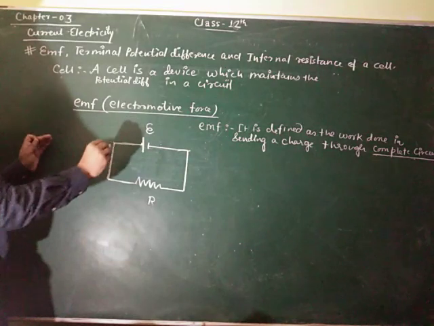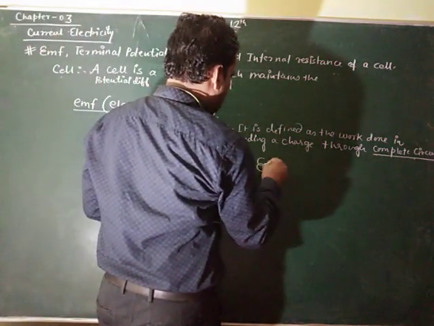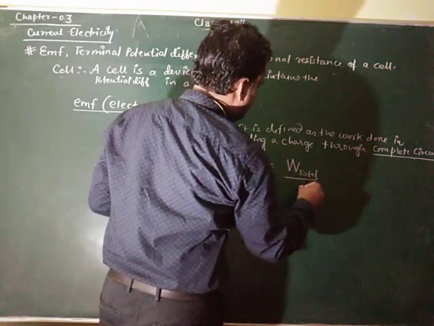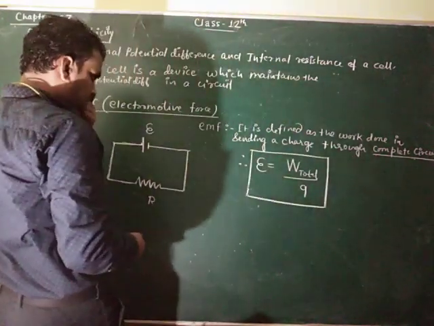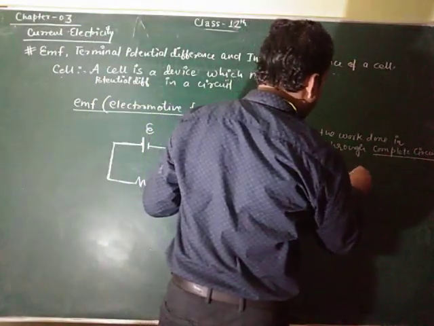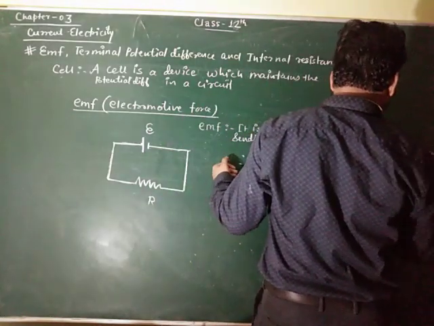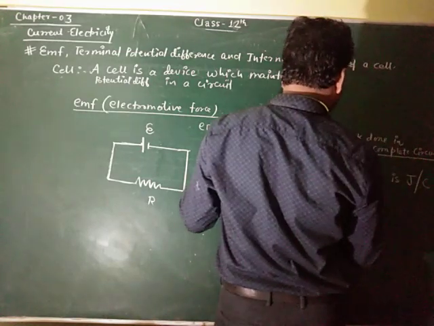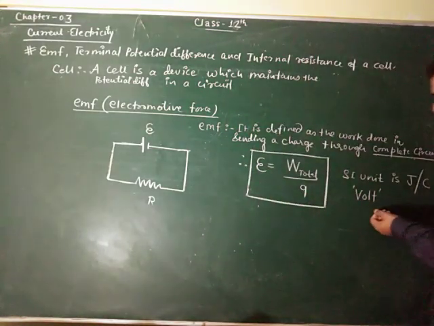This is the meaning of the complete circuit. Therefore EMF is defined as W total, the total work done, divided by charge. The SI unit is joule per coulomb or volt.